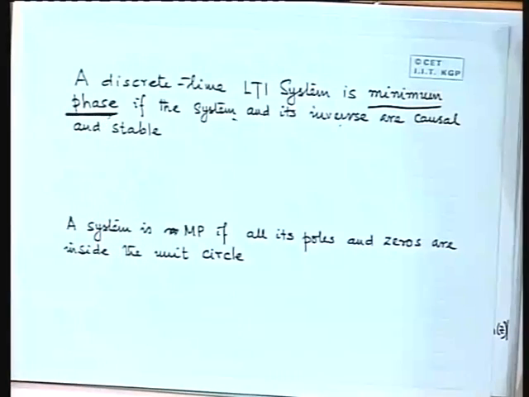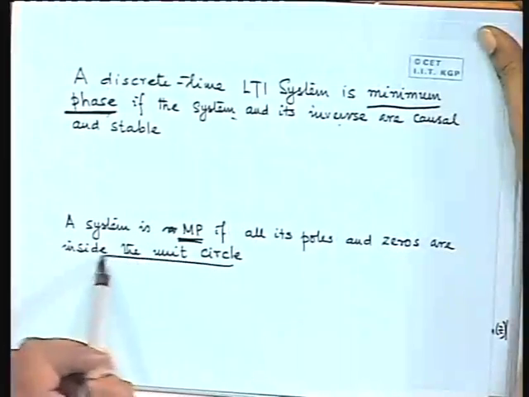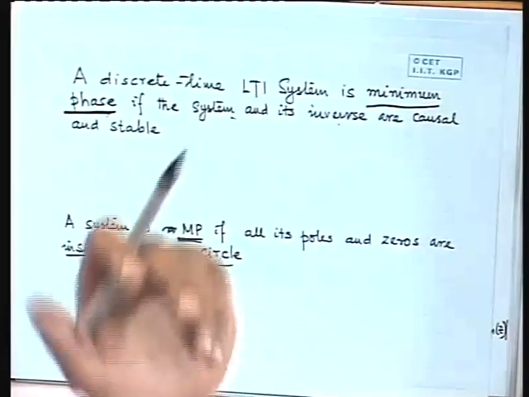Many of you will come across this minimum phase, non-minimum phase business even in control. They are actually similar. And it turns out that a system is minimum phase if all its poles and zeros are inside the unit circle. You can easily realize that even if you invert it, if from H(z) you go to 1 by H(z), zeros will become poles and poles will become zeros.